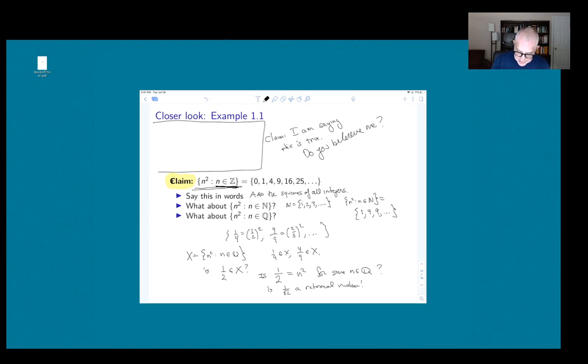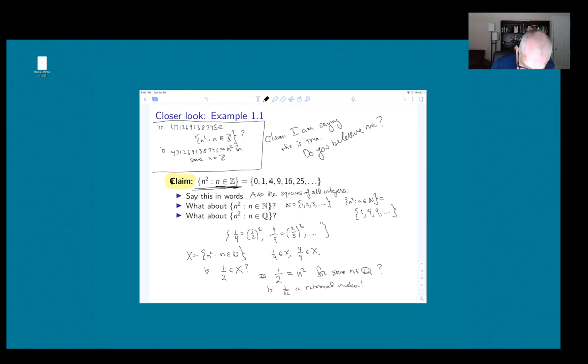So we could ask, is 47126913874 in the set of n squared such that n is in Z? So to answer that question, we need to know, is this number 47126913874 equal to n squared for some n in Z?